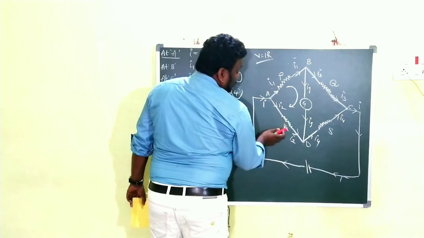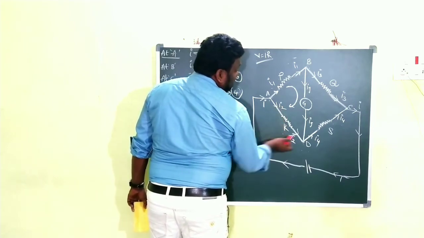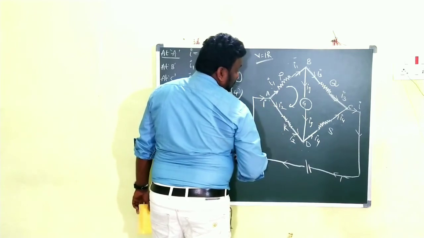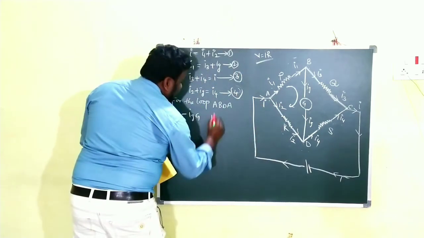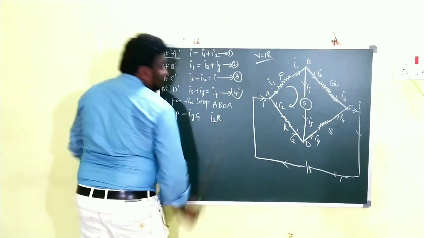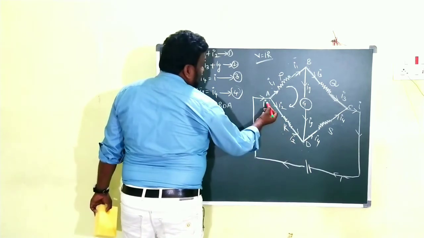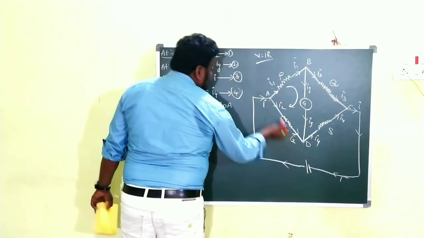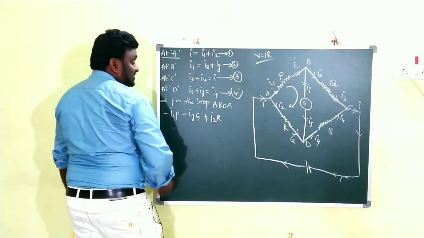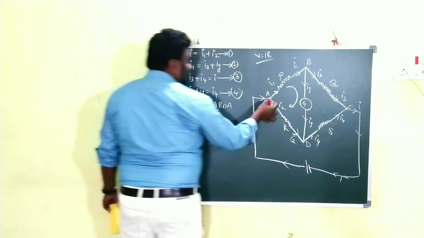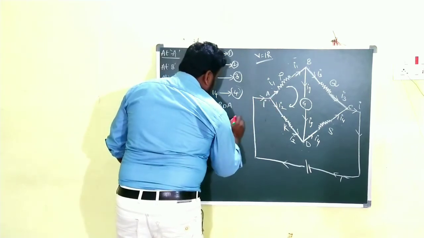Current is I2 and resistance is R. I2 into R is the potential across this third resistor. So the potential is written as I2R. Because we are moving in the opposite direction of current, this potential value should be taken as plus. So again we reach the point A, that's why this is equal to 0.